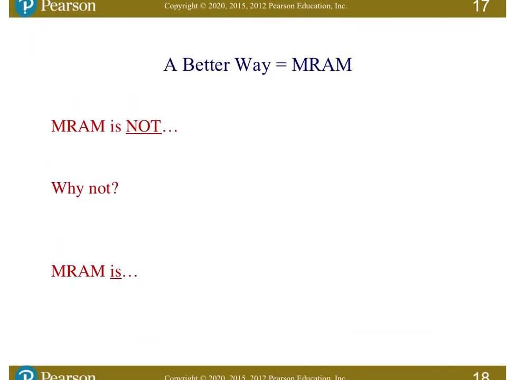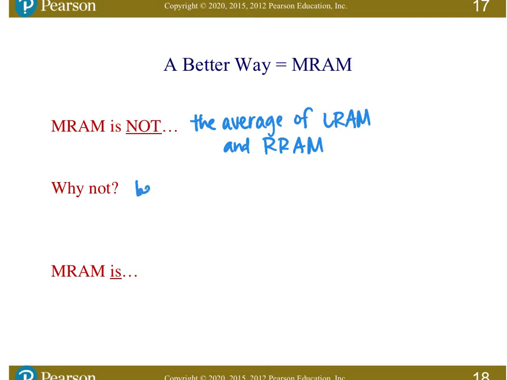All right, so I want to be clear on that. MRAM is not the average of LRAM and RRAM. Why not? Because we're not dealing with straight lines here. The function is curved.